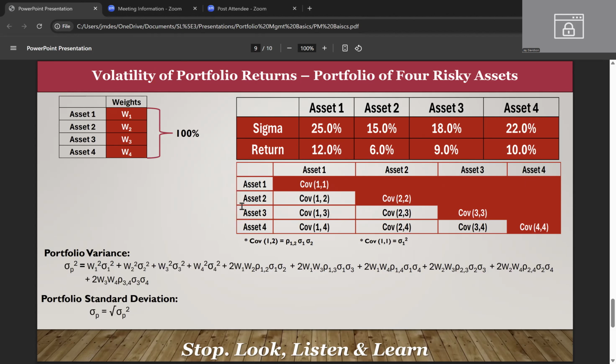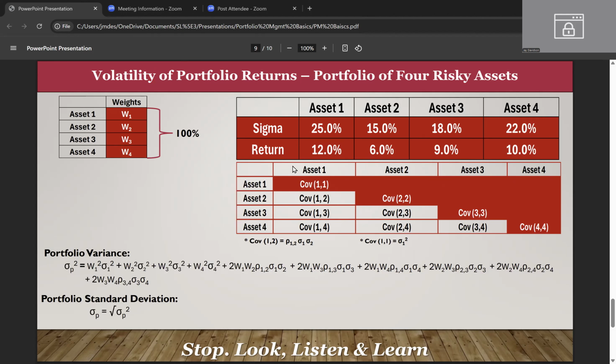So at a minimum, the variance of the portfolio is going to be a function of the variance of asset one, the variance of asset two, the variance of asset three, and the variance of asset four. And in addition to those variances, we're going to have to take account of the covariances amongst these various assets.